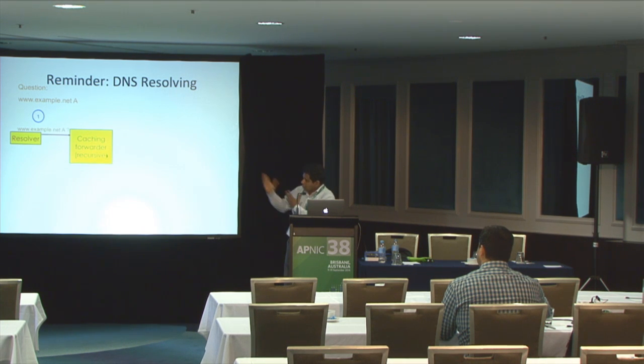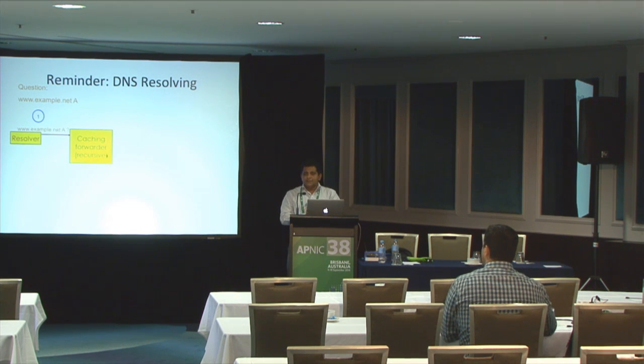So we have this entity called a resolver. A resolver is simply a client in DNS. So we have a resolver, a client. It's sending a request to a DNS server. And in this case, this DNS server is called a recursive server, or what we call a caching server.